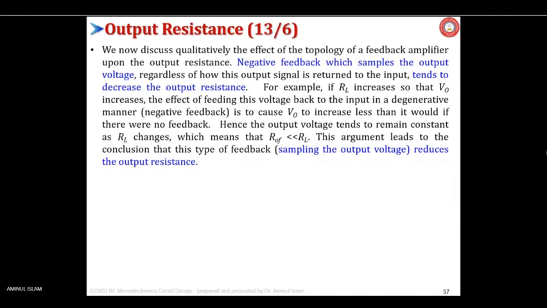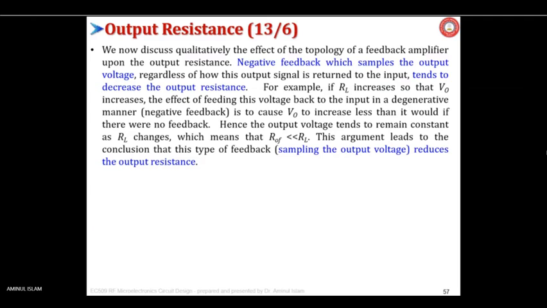The effect of feeding this voltage back to the input in a degenerative manner, negative feedback, is to cause Vo to increase less than it would if there were no feedback. Could you understand?